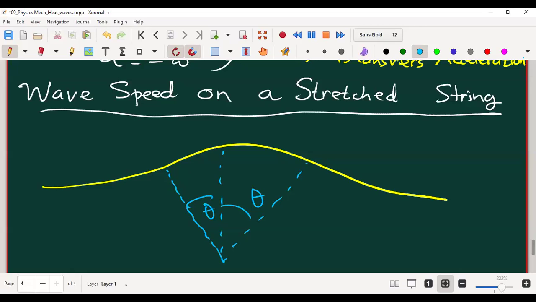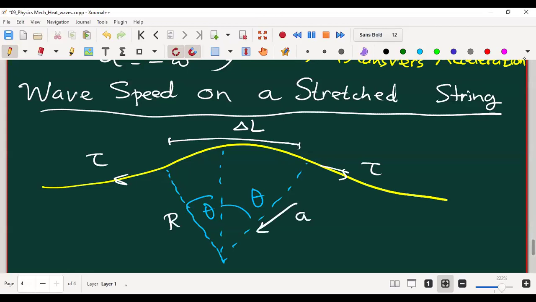And this one is delta L. And there is tension tau. Tau is the tension, theta is the angle, and the radius is R. And there is acceleration toward the center of the circle.